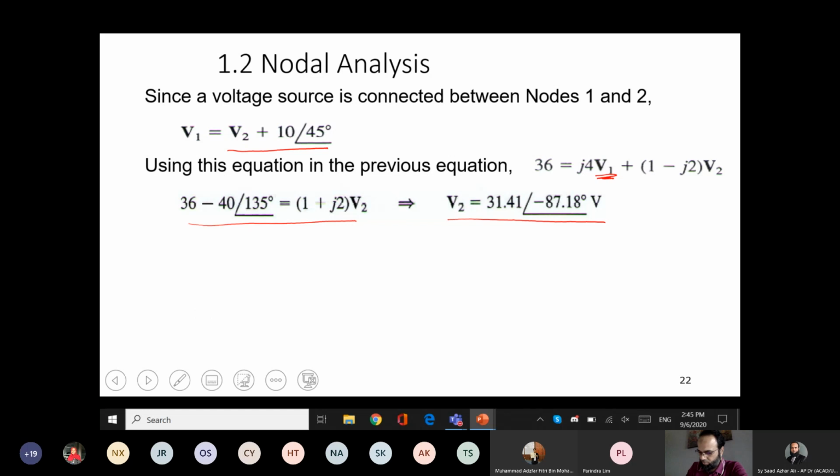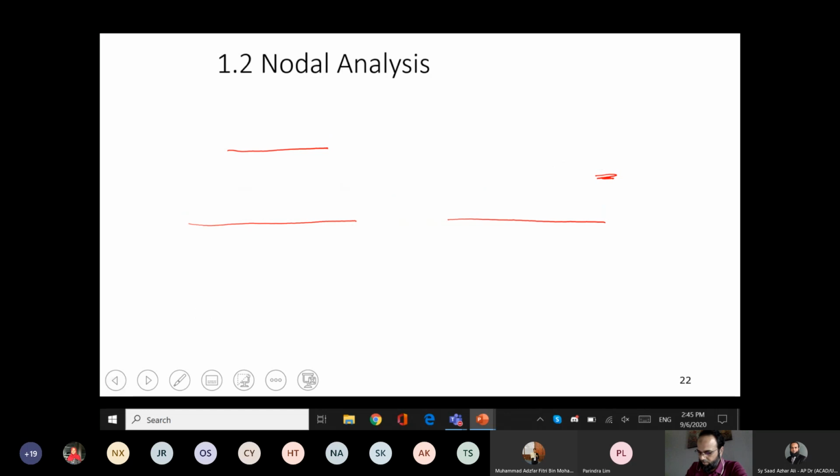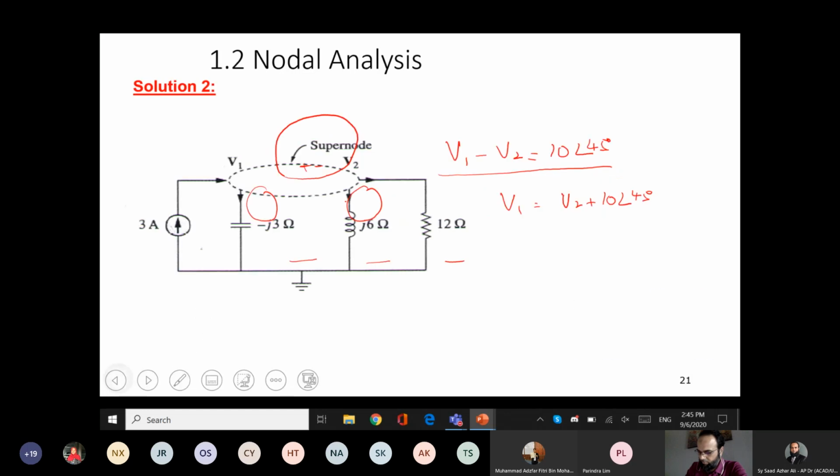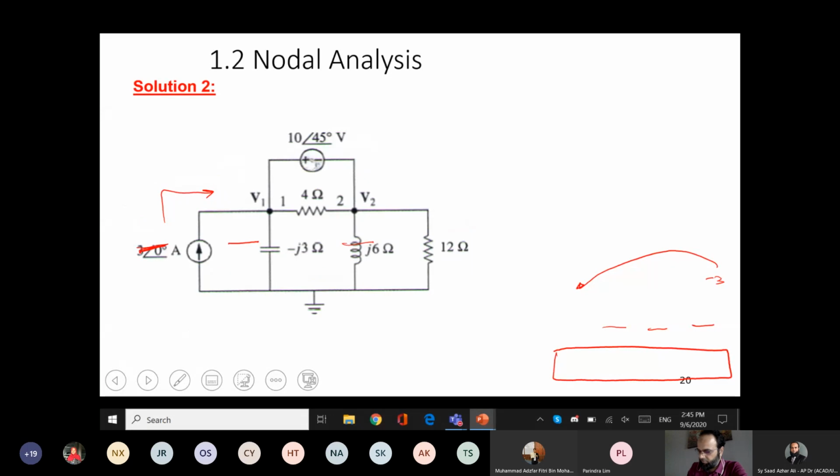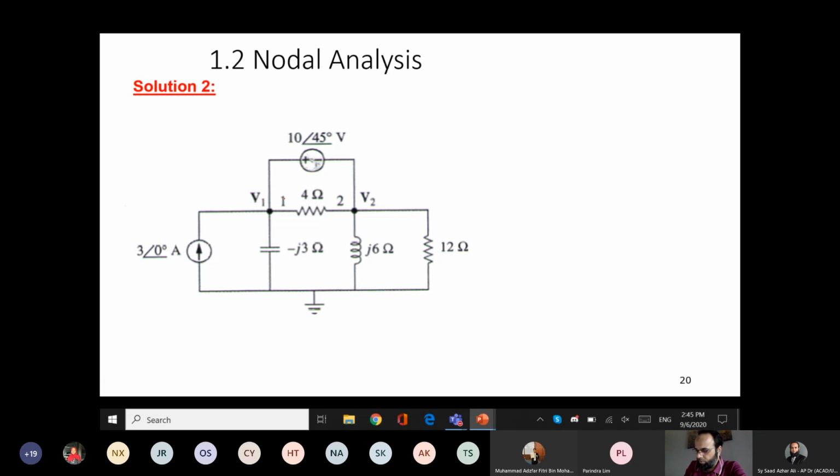Let me just go through the steps again. We have this circuit in which some things are gone from here. Let me remove all the ink. We have this circuit in which there was a voltage source between two nodes, V1 and V2. We consider this as a supernode.